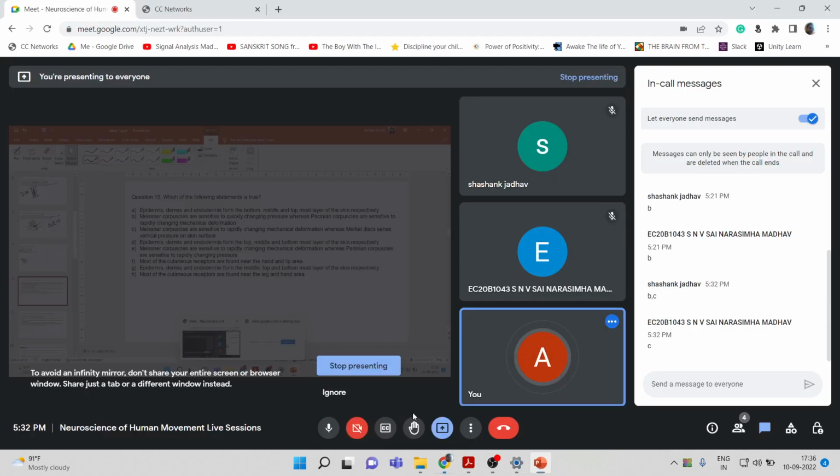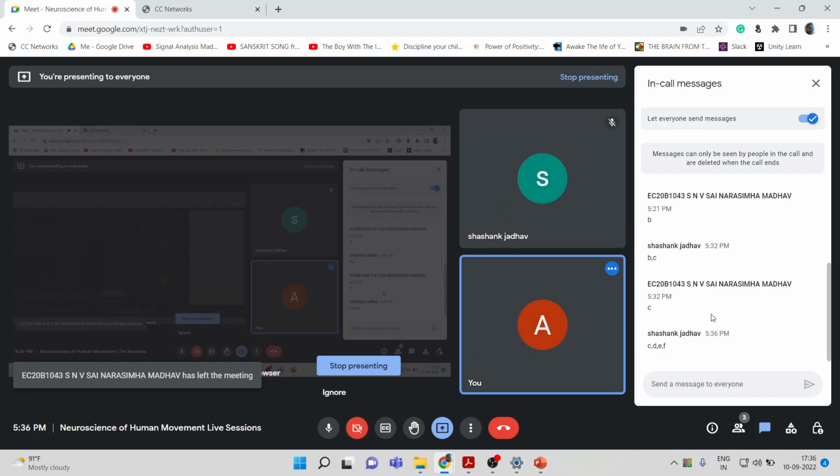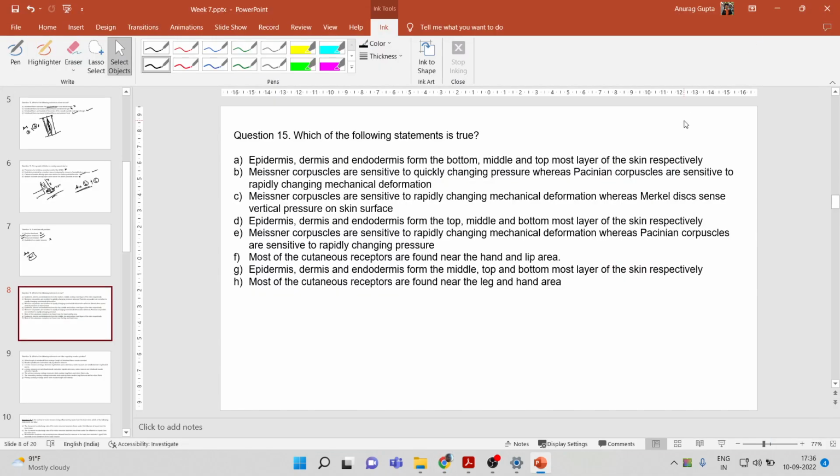Okay, let's see the responses. Shashank is saying C, D, E, and F. Let's see this.